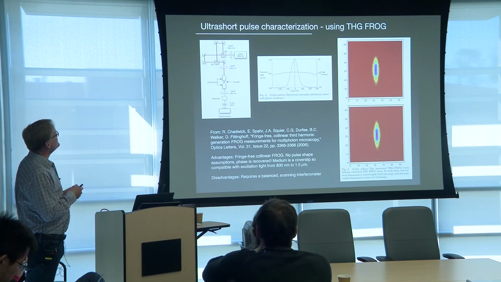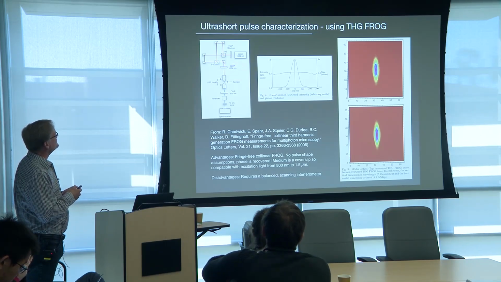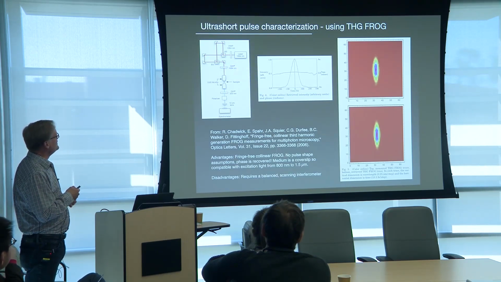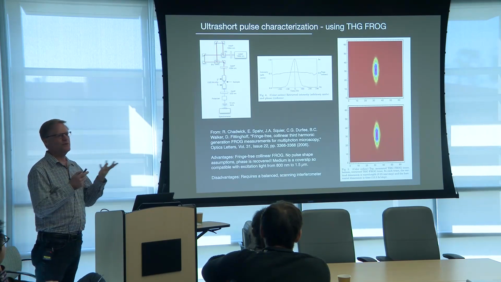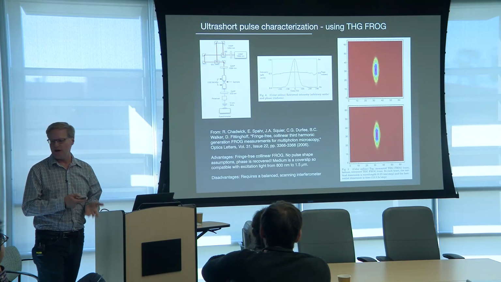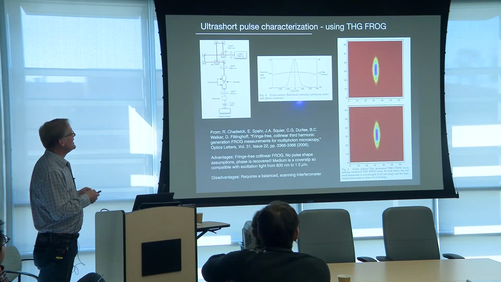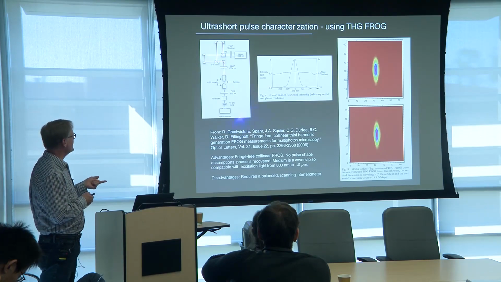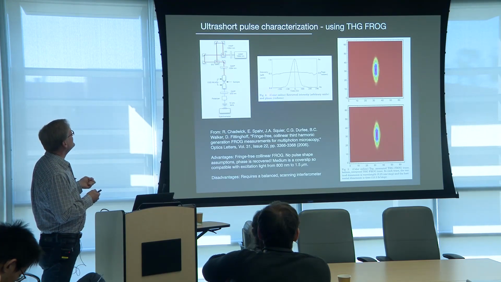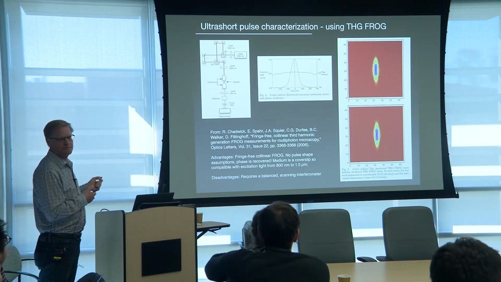So if you stick a quarter wave plate here, you've got left and right circularly polarized light basically, but you can get rid of the fringes for this third harmonic FROG as well. So now I can do fringe-free FROG traces using my cover slip again.